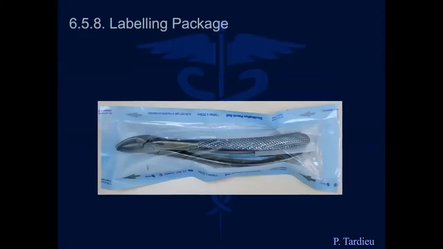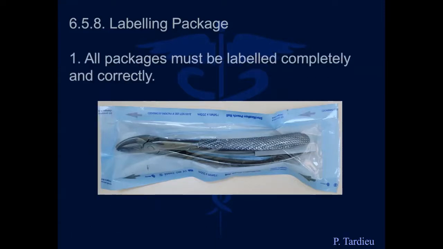You need to label all the packages. So this means that packaging something like an instrument for extractions, making a package and using it like this, is not working in conformity with DHA. We need to label the package. So this is not accepted.